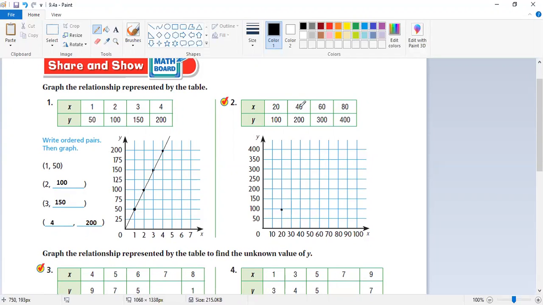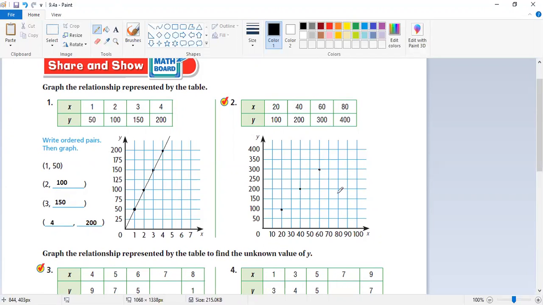What's the next value? 40 and 200. So for 40, you will move along 40 until you reach 200. Here is 200, so you put a point there as well. Next one, 60 and 300. You go along the line of 60 until 300, and then draw a point there. 80 and 400.